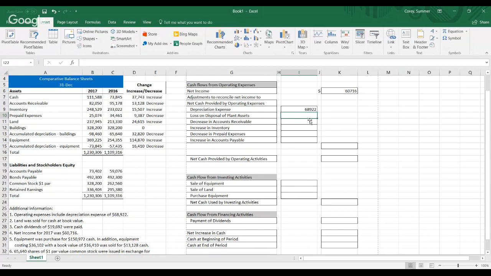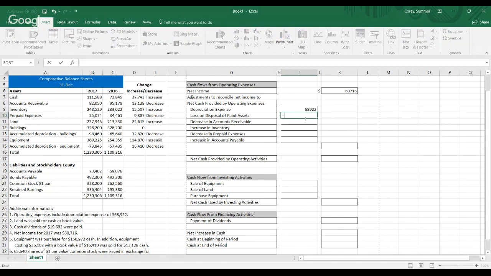We have our loss on disposal of plant assets, and this is from number 5 of our additional information. It shows us that our equipment had a book value of $16,410, but it was sold for $13,128.